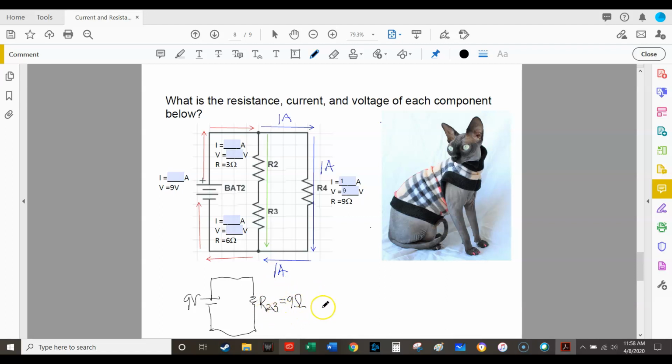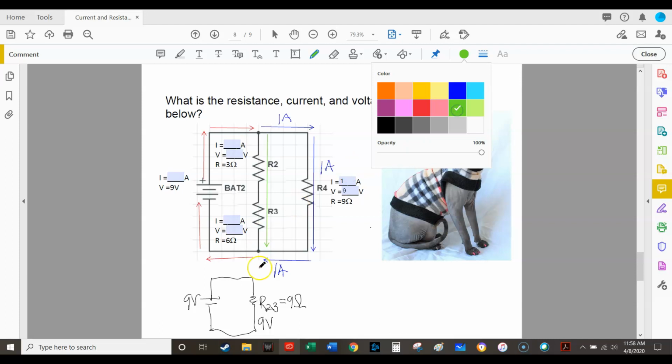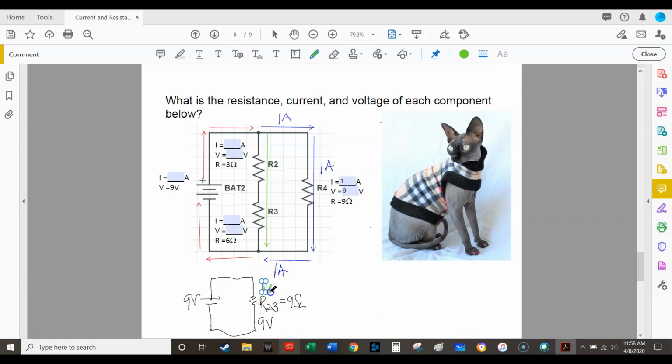Well, R23 is in parallel with the battery, which is 9 volts. That means this is getting 9 volts, and that means that the green current is actually going to also be 1 amp as well.